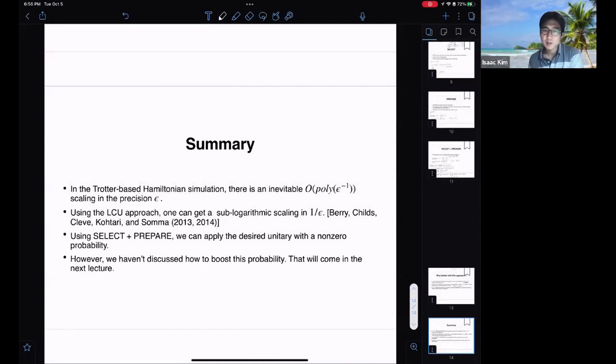That is an important ingredient. Today, if time permits, I do want to tell you more about how the select and prepare can actually be implemented. But I think I should first take some questions, and then if I have time, I'll talk about that.